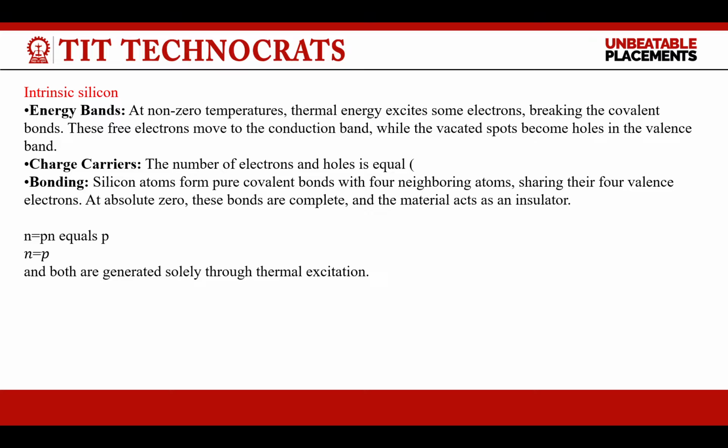At absolute zero the bonds are complete, and the material acts as an insulator. We can express this in mathematical form, which is defined as the mass action law, in which ni squared equals the product of the charge carriers, n times p.